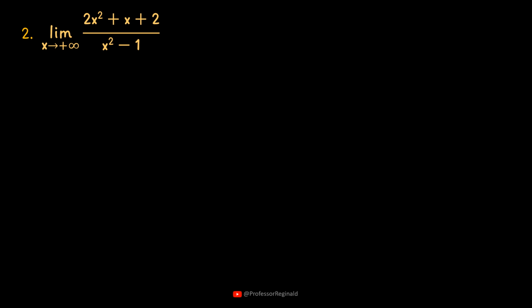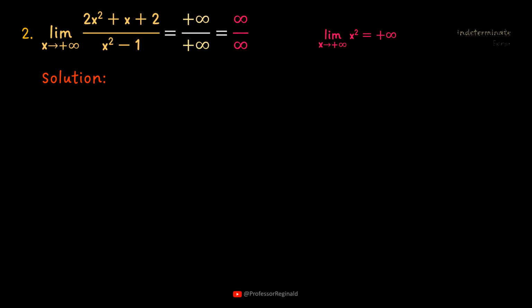Number 2. The limit of quantity 2x squared plus x plus 2 all over quantity x squared minus 1, as x approaches positive infinity. Solution. If we evaluate the limit using an infinite limit expression, the limit leads to the indeterminate form of type infinity over infinity.